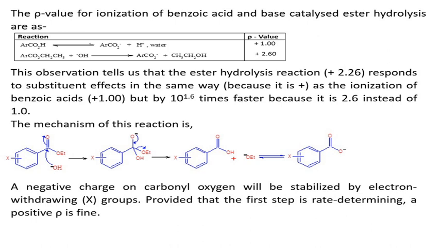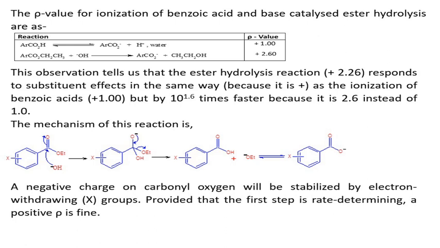Now the mechanism of this ester hydrolysis reaction. The OH minus, as it is nucleophilic, attacks the electron deficient ester carbonyl. So there is formation of an oxyanion intermediate in which carbon is sp3 hybridized.